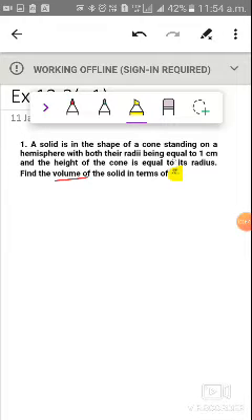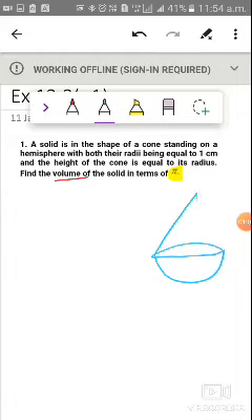So what we are having, a cone standing on a hemisphere. Okay, so let us draw the figure first. So this is our hemisphere, and a cone is standing on it.